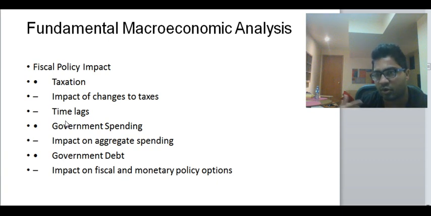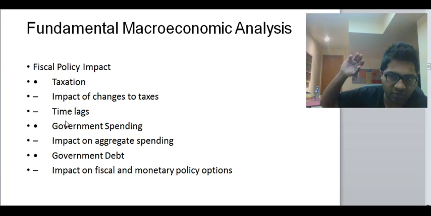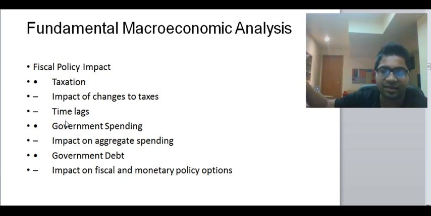Any fiscal policy has to pass through the parliament. So it has to pass through the lower house and upper house in Canada, and it takes a long time to do it. Any rules that the government comes up with depend on the current political structure and all those things. So there is a time lag between when the government decides to do it and when it actually starts happening and the impact can be seen.